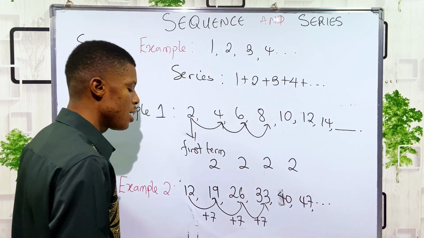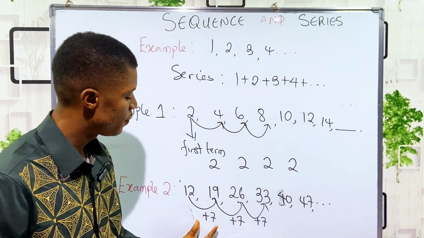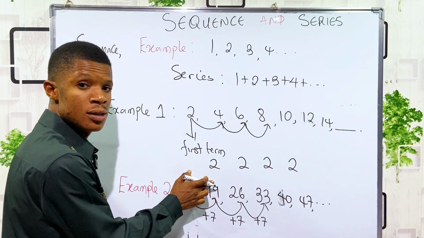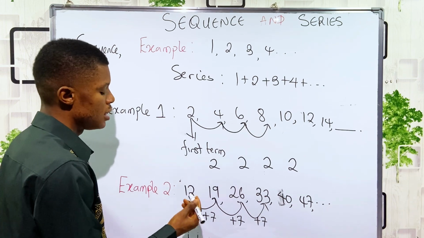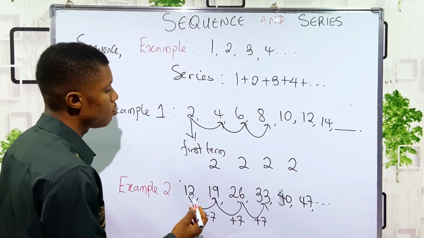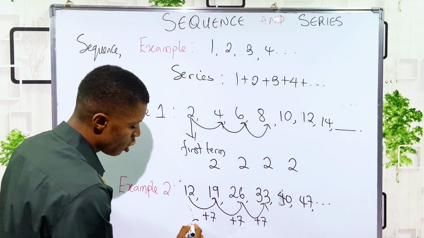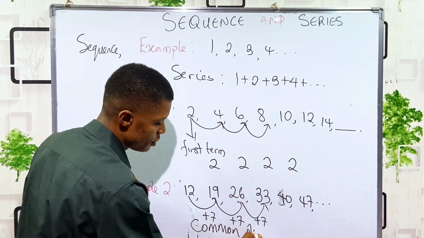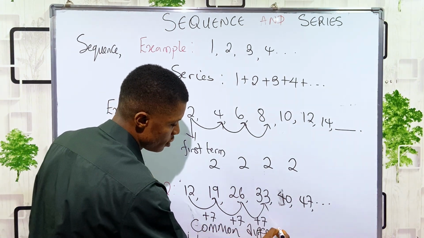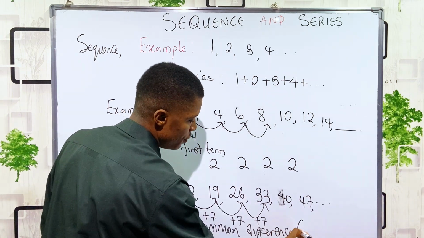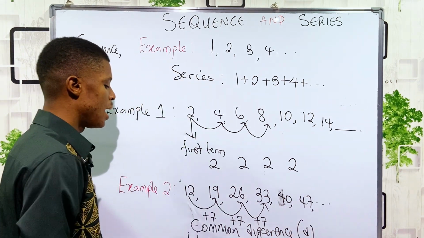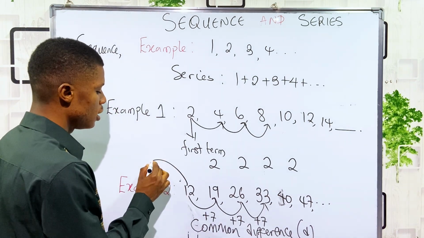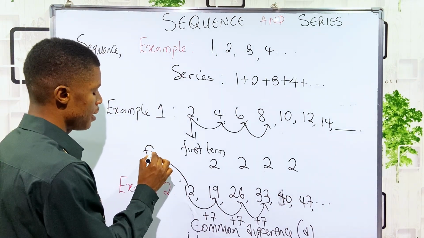Okay, this suggests that the difference between the second term and the first term is called the common difference. It is denoted by D. And the number that starts each sequence is what we call the first term.